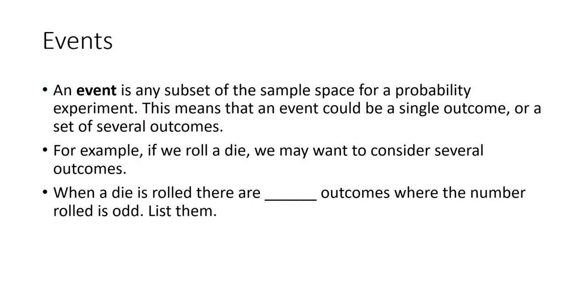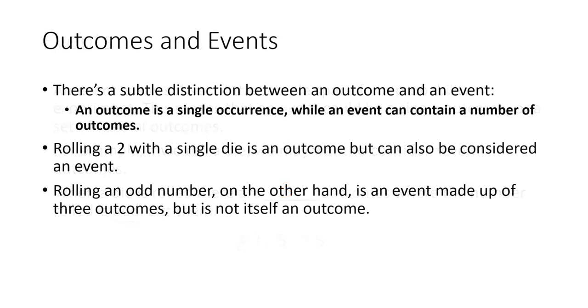For example, when we roll a die, there are 6 possible outcomes, but when the number is odd, there are a total of 3 outcomes. For a die, that would be 1, 3, and 5. So there's a small distinction between an outcome and an event. An outcome is a single occurrence, while an event can contain any number of outcomes, depending on the situation.